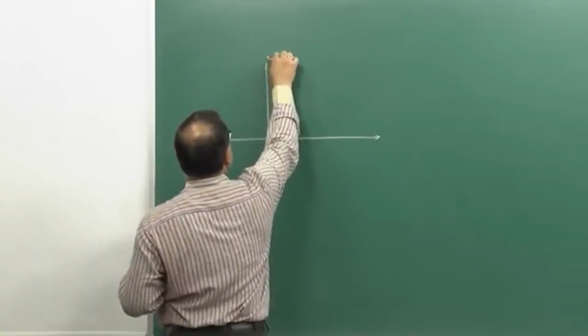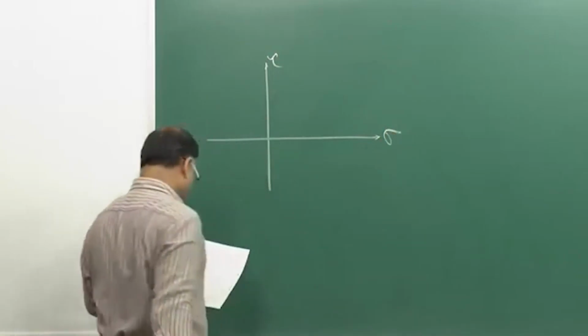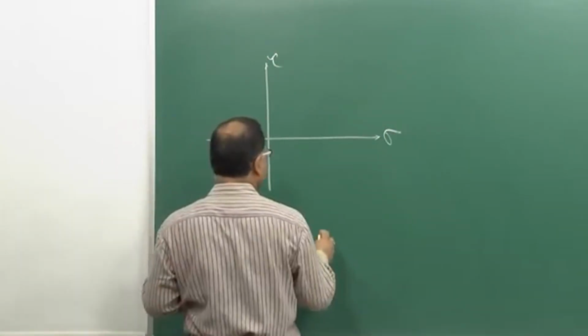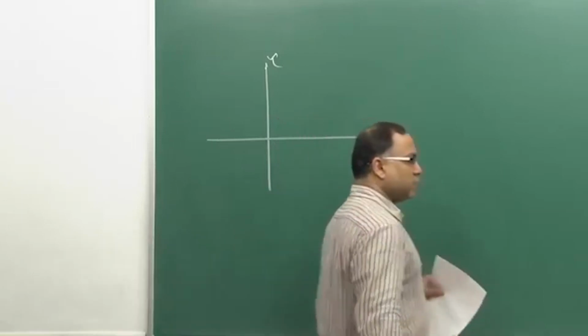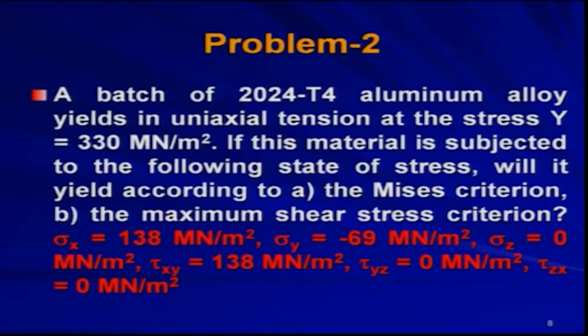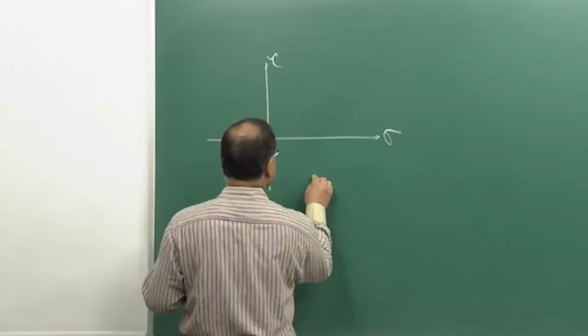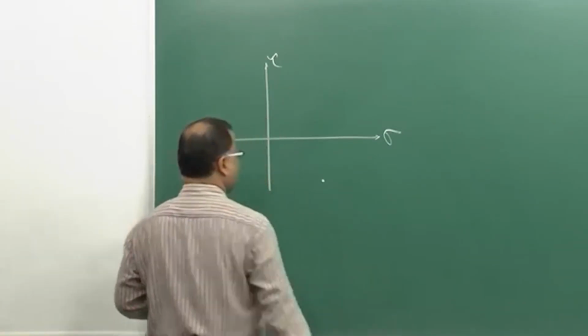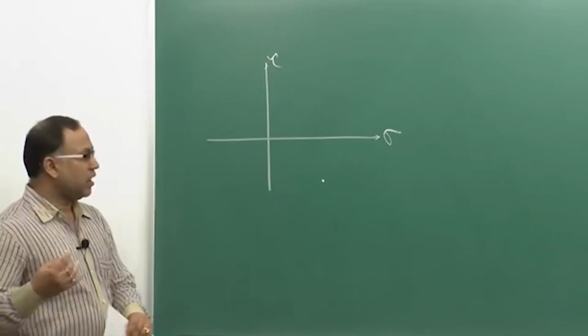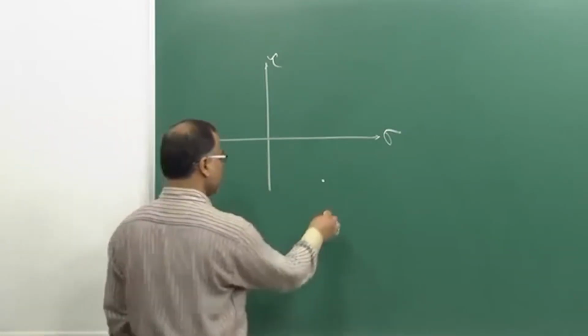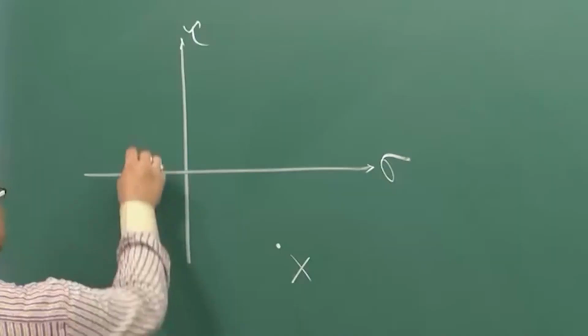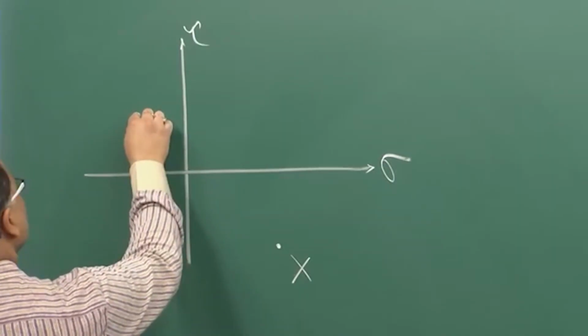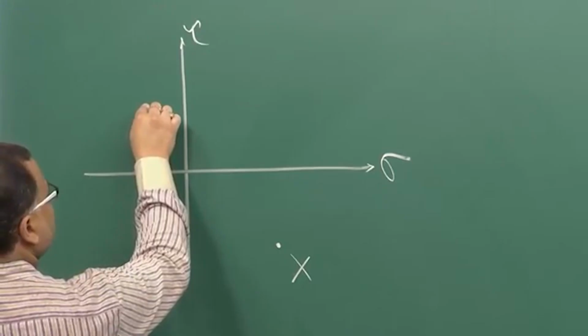This is your sigma tau space. Sigma x is given as 138 meganewton per meter square, and tau xy is also given as 138 meganewton per meter square. So the x point comes here, and tau xy is positive, so that will be below the sigma axis. This is your x point, and somewhere here will be your y point.